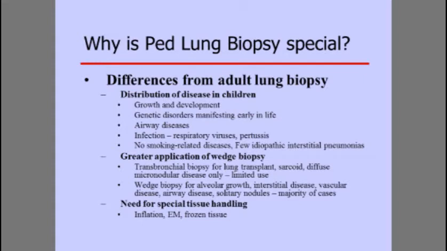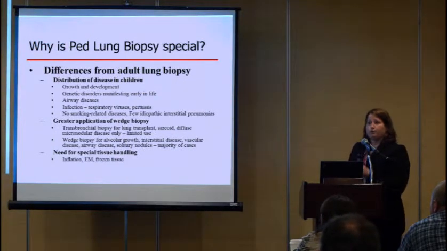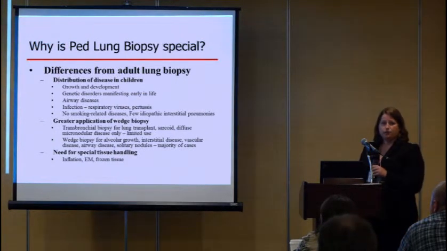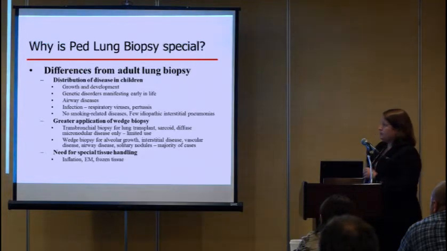A lot of adults will get transbronchial biopsies, putting the scope down the airways and then using a tiny biopsy forceps to get very small 1 to 2 millimeter pieces of tissue. And we really don't use that very often in children and opt instead for a wedge biopsy, either through an open surgical procedure or through a thoracoscopic procedure where there are little ports put into the chest wall to take a piece of tissue.